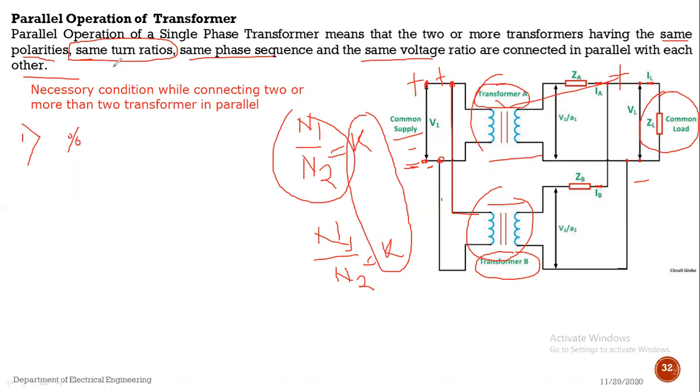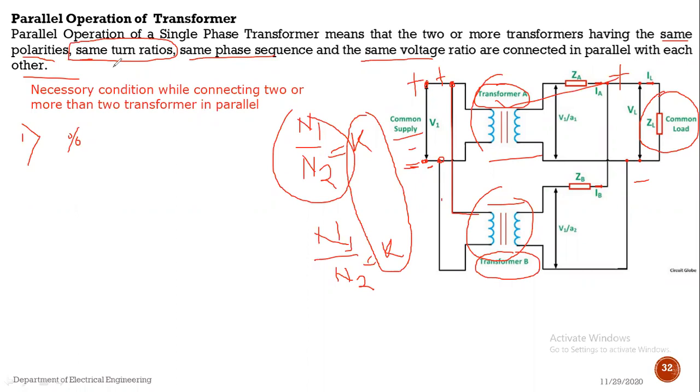First one is that both the transformers have the same polarity. Again, the percentage impedance of both the transformers remains the same. Again, the turns ratio or voltage ratio of both transformers remains the same.